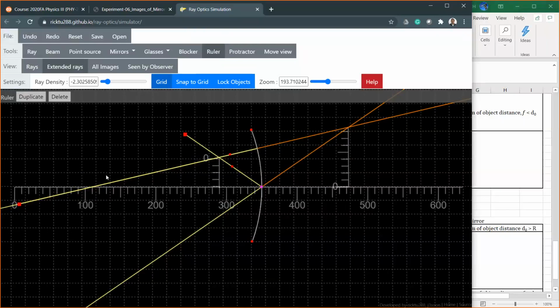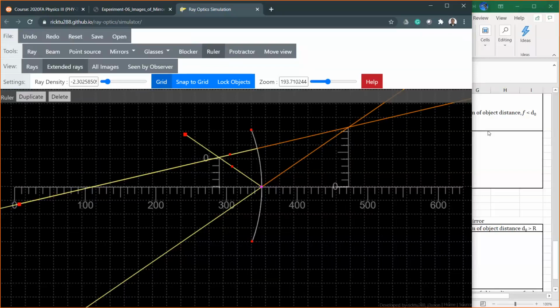When the object is much closer to the focal point, those two rays cannot be used. So I'm now using one ray passing through the object's top point to the vertex point, and one ray passing through the center of curvature location through the top of the object, which should be reflected back on itself. Extrapolated backward, identify the image.